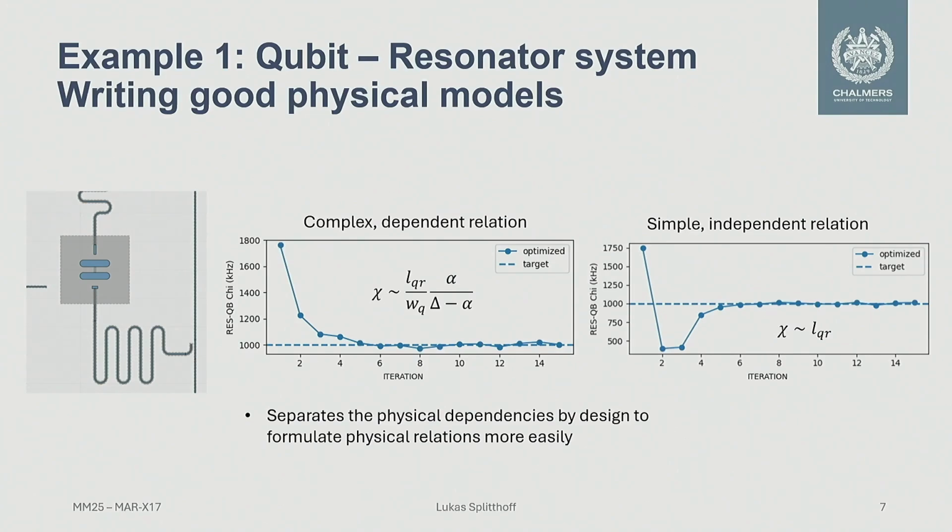And you can see that in both cases, the convergence works surprisingly well. Within 6 iterations or so, we have the simulation and this optimization close to our target. And this is to say that you can be somewhat sloppy with the preparation of this physical relation as long as it indicates the right trend.